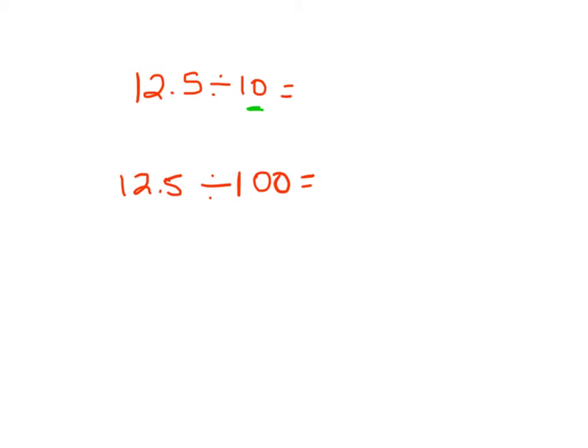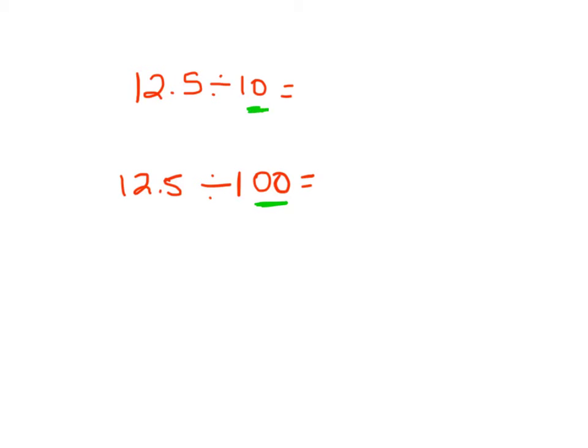Now we can do things a little bit easier. If I did 12.5 divided by 10, or I did 12.5 divided by 100, so the same 2 problems we just had, but in this case, because I'm writing it this way, it might be a little bit more obvious to us that this has got 1 decimal place and this has got 2 zeros over here.